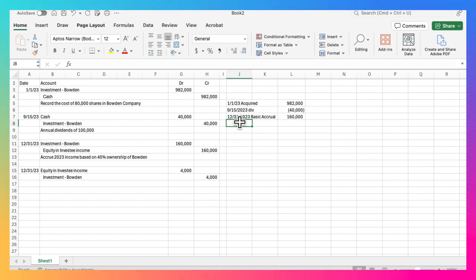Okay. As we're going through this, once you get the journal entries down, technically what we're really doing is the T account, right? We're trying to calculate the balance of this investment. We're doing it a little differently, but if you feel more comfortable, do a T account. Let me show you what I mean here real quick.